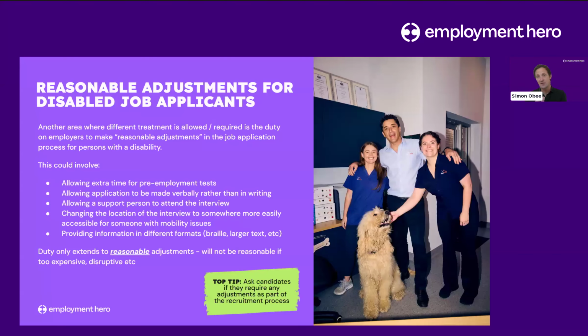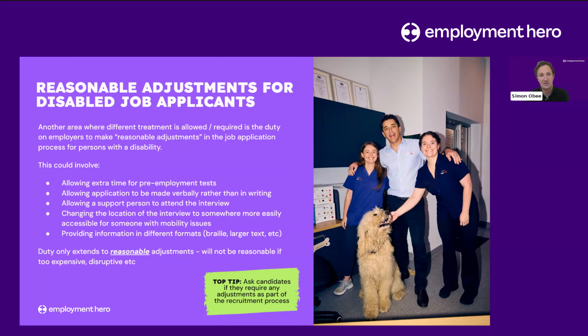Now, another area where it is allowed and in fact required to treat people differently on the basis of a protected characteristic is reasonable adjustments for disabled persons. Where you have a person with a disability applying for a role, you have a duty to consider whether there are any reasonable adjustments that can be made to support them in that application process.